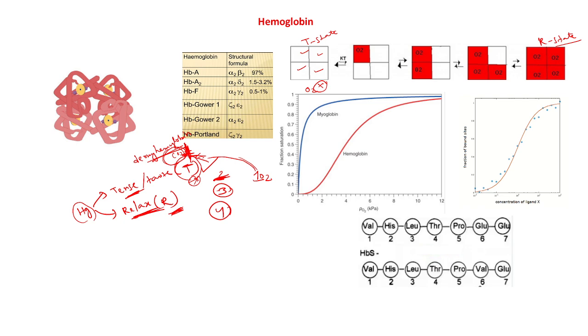So now this is the oxygen hemoglobin binding curve. This is the second one. It is the sigmoidal one, the S shape. But in the myoglobin case, in the previous slide we studied that it was rectangular, hyperbolic.